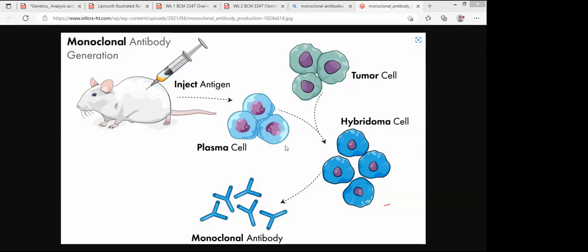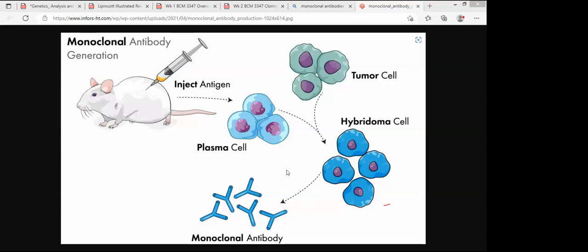Because they produce antibodies and have the unlimited capacity to replicate, they will keep producing these monoclonal antibodies for us, for example rituximab, or trastuzumab for breast cancer. That is what we will use in the clinical setting.